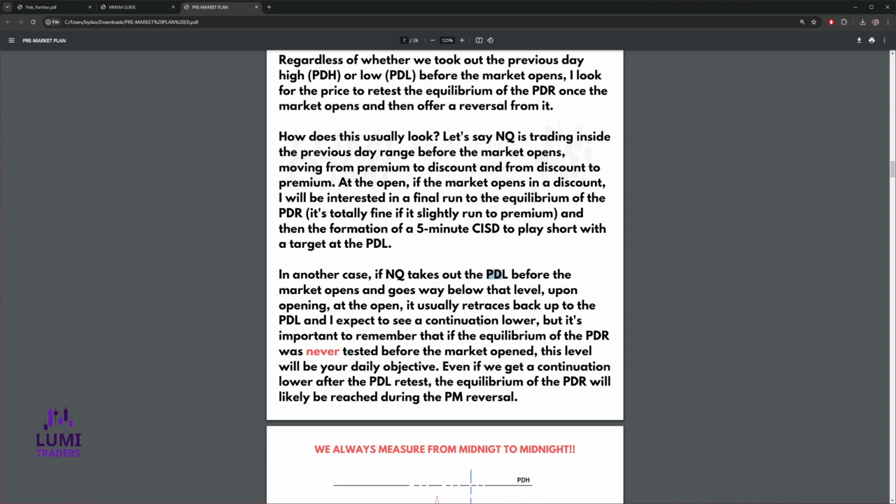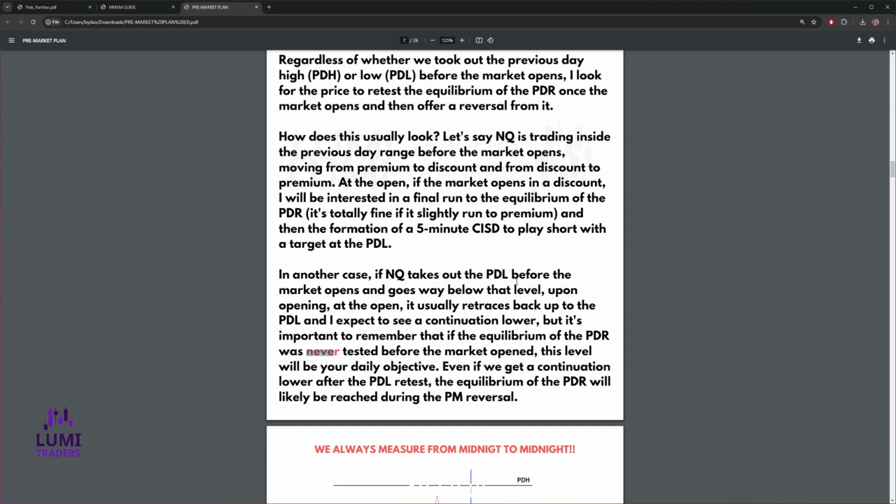I expect to see continuation lower, but here's an important note: it's important to remember that if equilibrium of previous day range was never tested before market open, meaning the market was just trading above this level or below this level and we never retraced to it, then this level will be your daily objective.